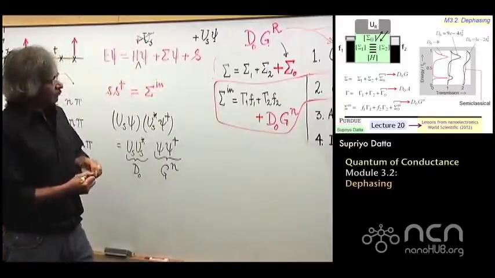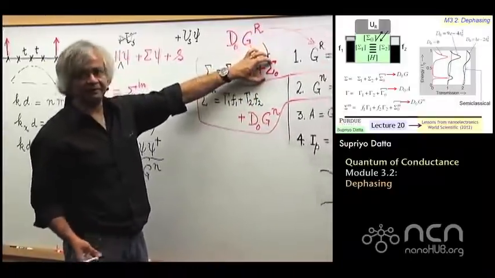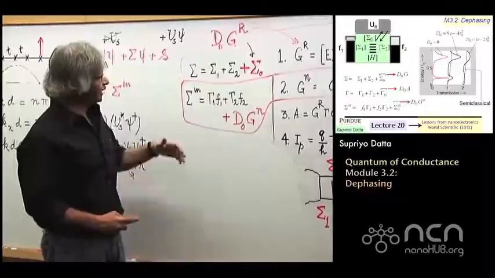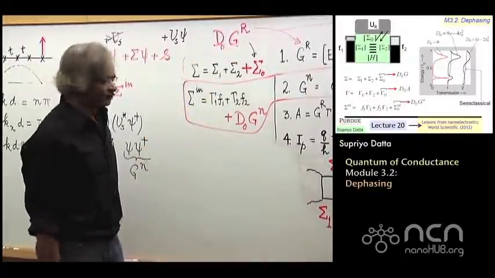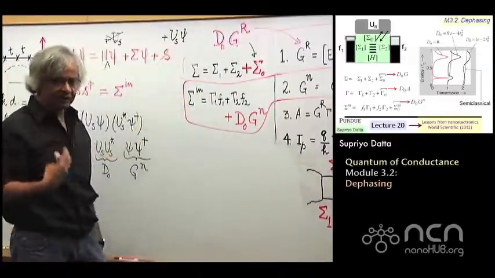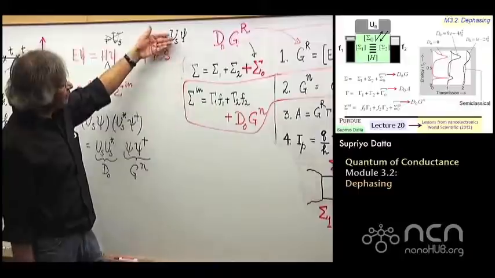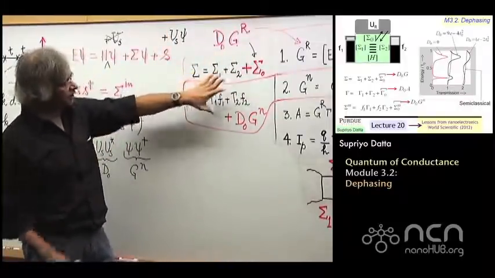And of course, when you add something here, there's a corresponding thing that has to be added here in order that overall electrons don't disappear. If you just add a source term, then there will be continually electrons going in. But by having a sigma here, it ensures that electrons are also taken out.